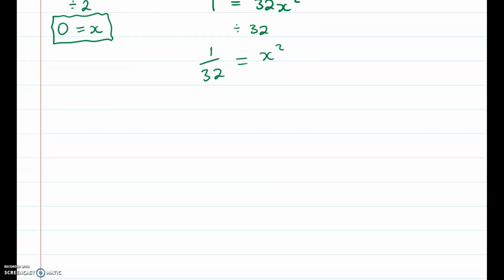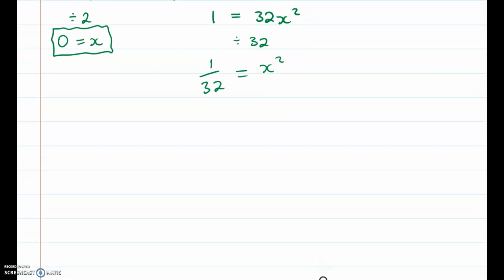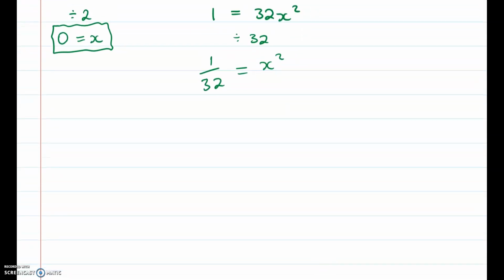And if you take the square root of both sides, the square root of 1 over 32 is the square root of x squared. The square root of 1 over 32 is the square root of 1, which is 1, over the square root of 32, is equal to the square root of x squared, which is just x.